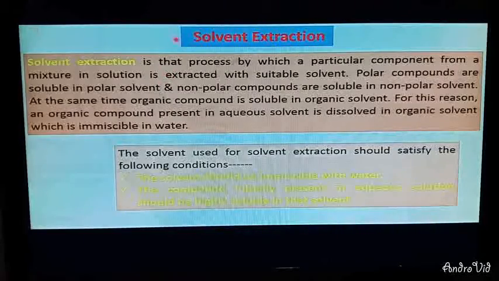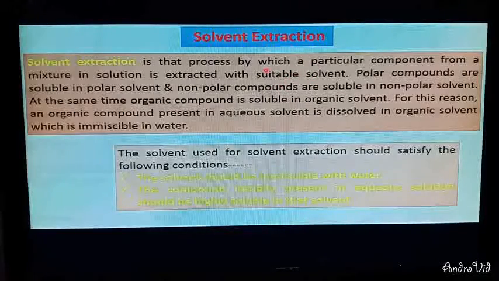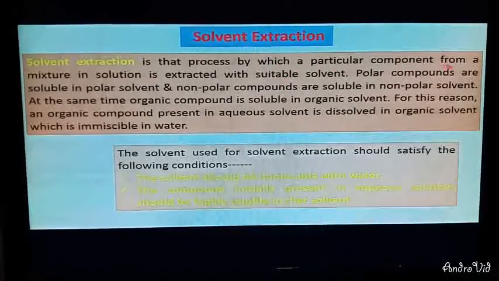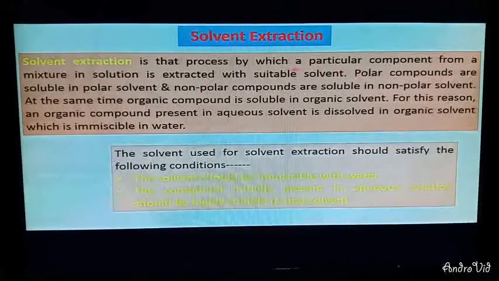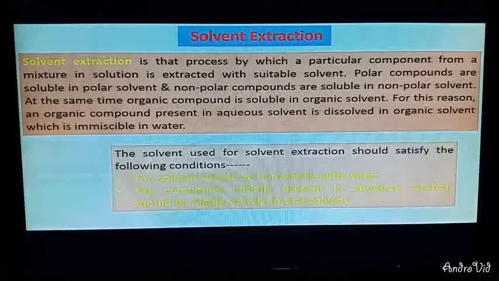So dear students, now about solvent extraction. Solvent extraction is the process by which a particular component from a mixture or solution is extracted with a suitable solvent. The separation of a particular component by using a suitable solvent is called solvent extraction.